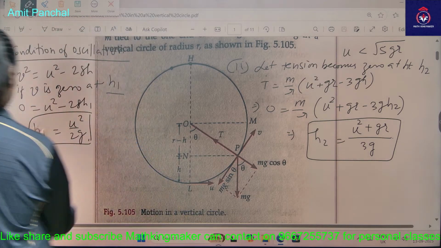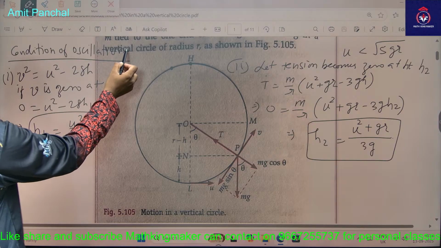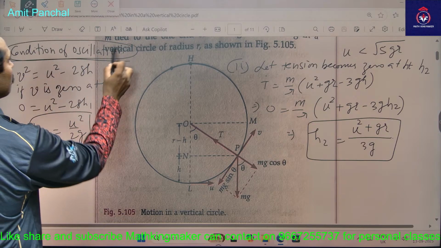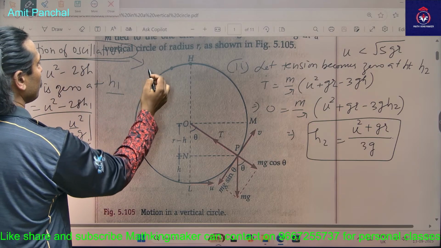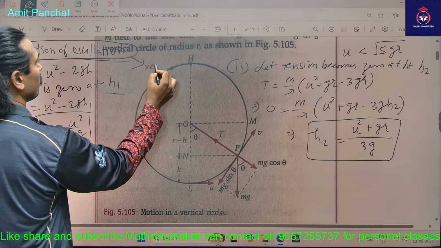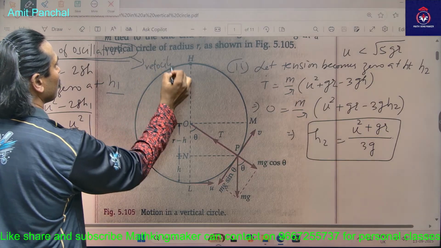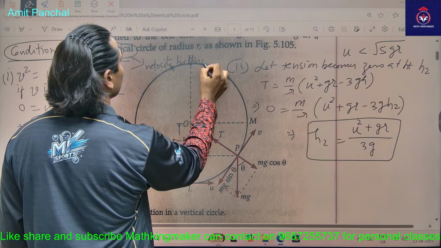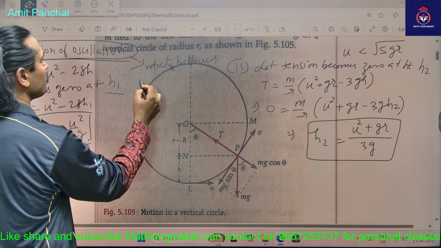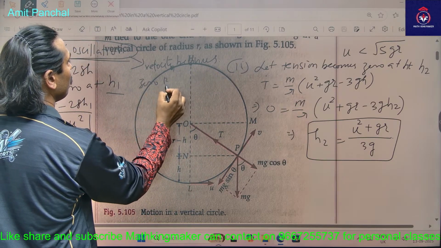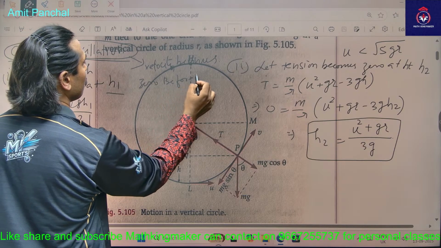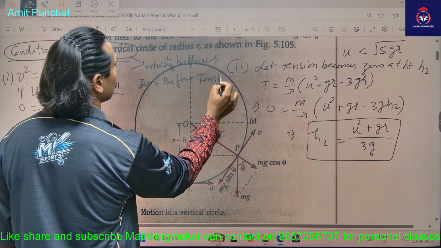So the condition of oscillation is: velocity becomes 0 before tension. Just note it down. Condition for oscillation: velocity becomes 0 before tension.